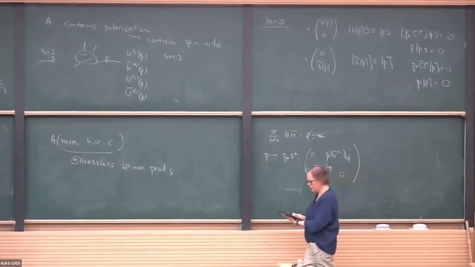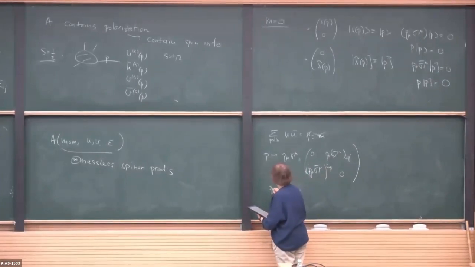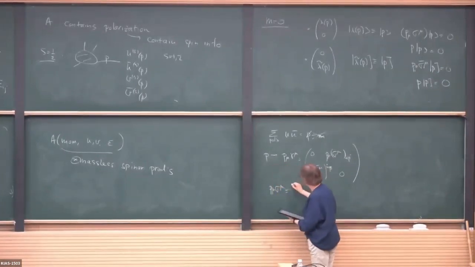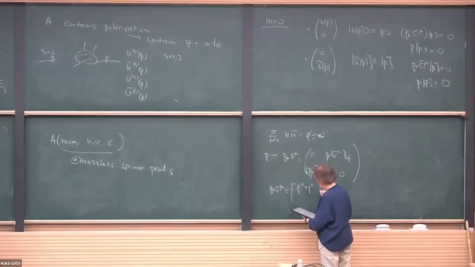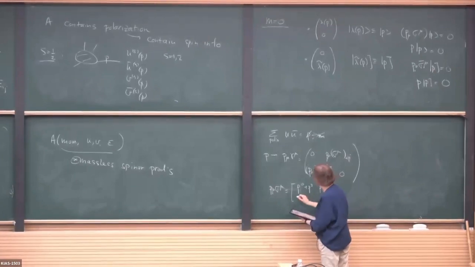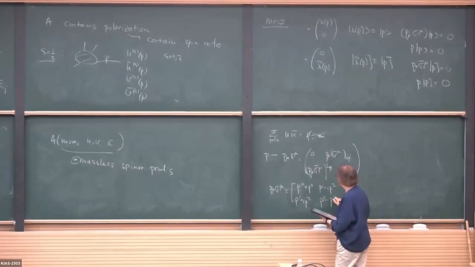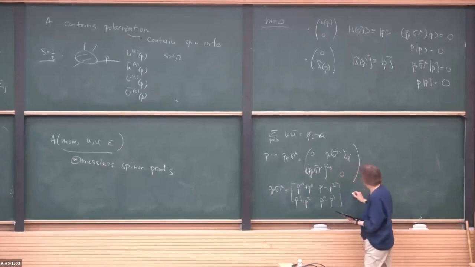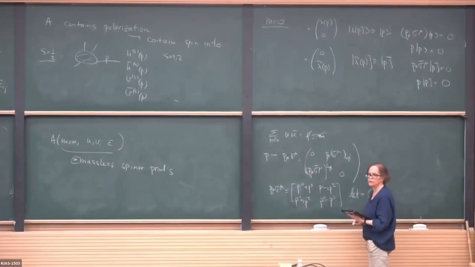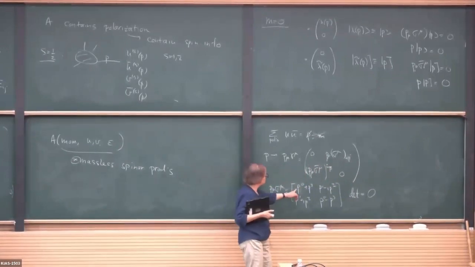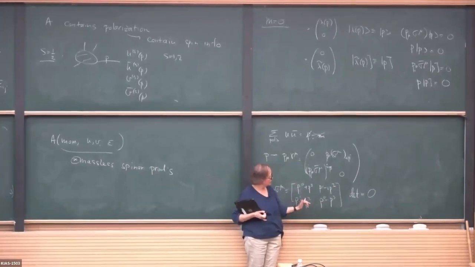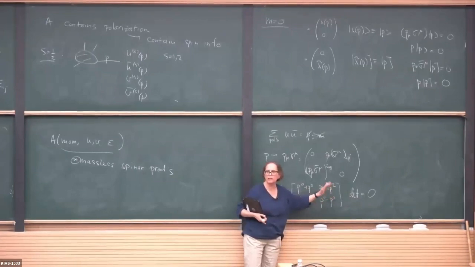And if you write that explicitly, you see that P mu sigma mu is equal to the following: P0 plus P3, P1 minus i P2, P1 plus i P2, P0 minus P3. If you calculate the determinant of this, it gives 0. This is just a simple thing to do. In the massless case, you just get P0 squared minus P3 squared minus P1 squared minus P2 squared, which is 0.